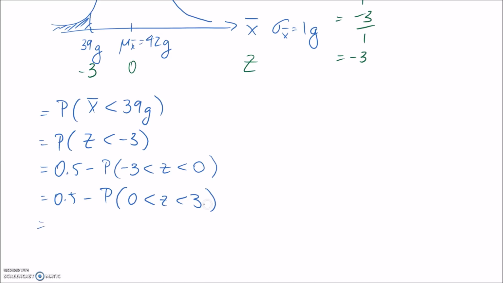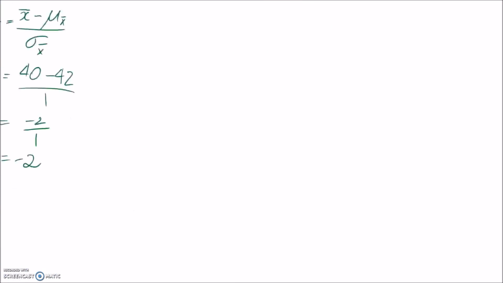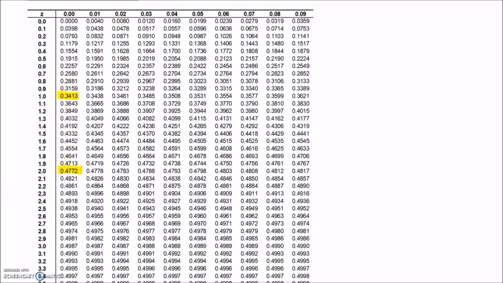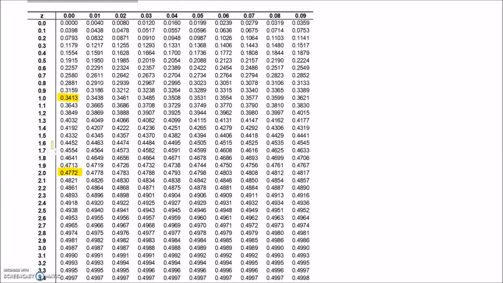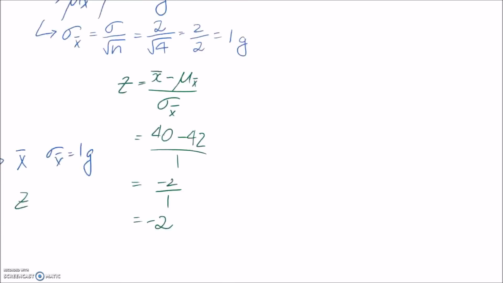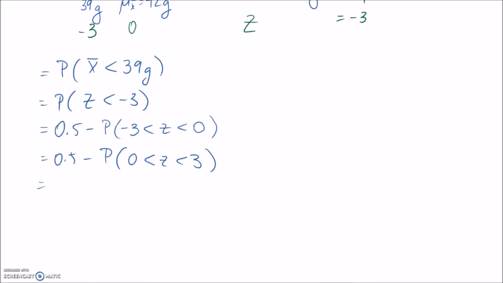So we need to go look that one up in a table over here somewhere. So a z-score of 3 here corresponds to 0.4987. This is 0.5. And that's 0.0013, or about a 0.13% chance of it happening.